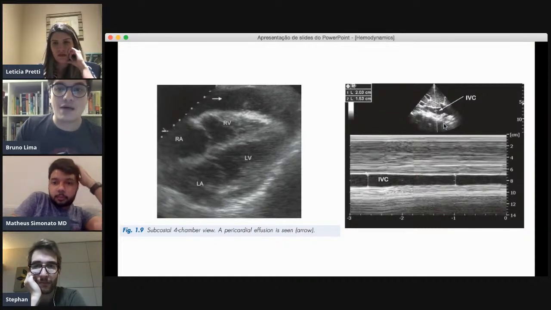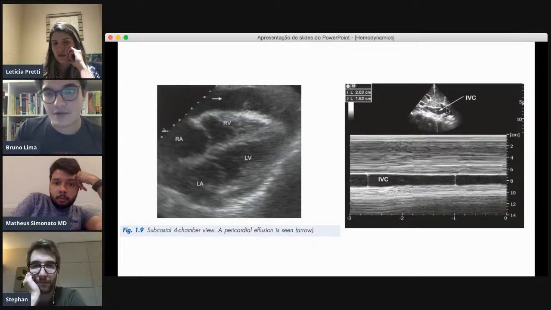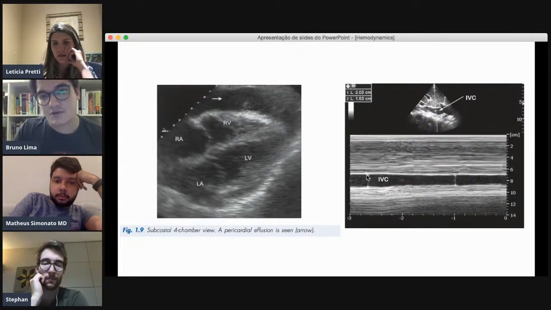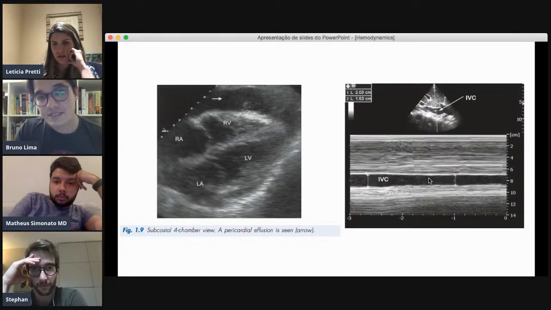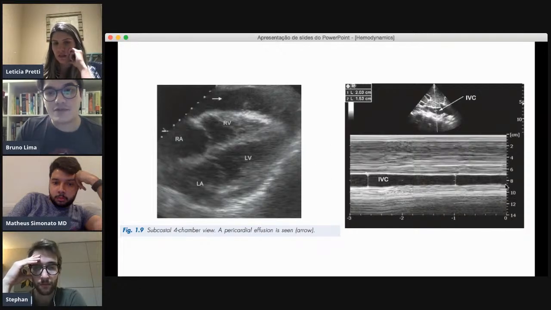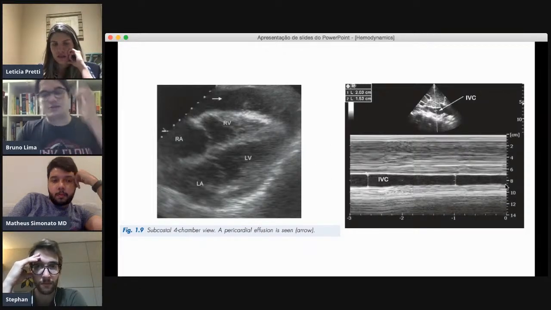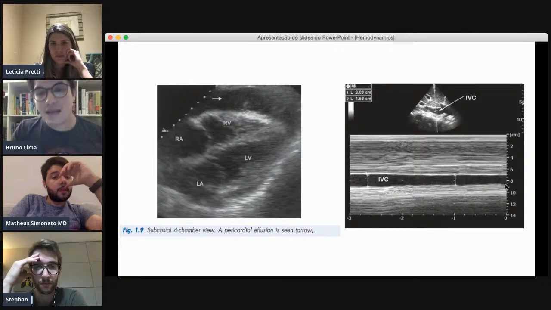And if you angulate the probe down a little bit, you're going to see the inferior vena cava here. Using M-mode, you can see that whenever the patient sniffs, the IVC tends to collapse. In this case, it doesn't collapse. So the IVC is really important for you guys to assess the fluid status of the patient, right?